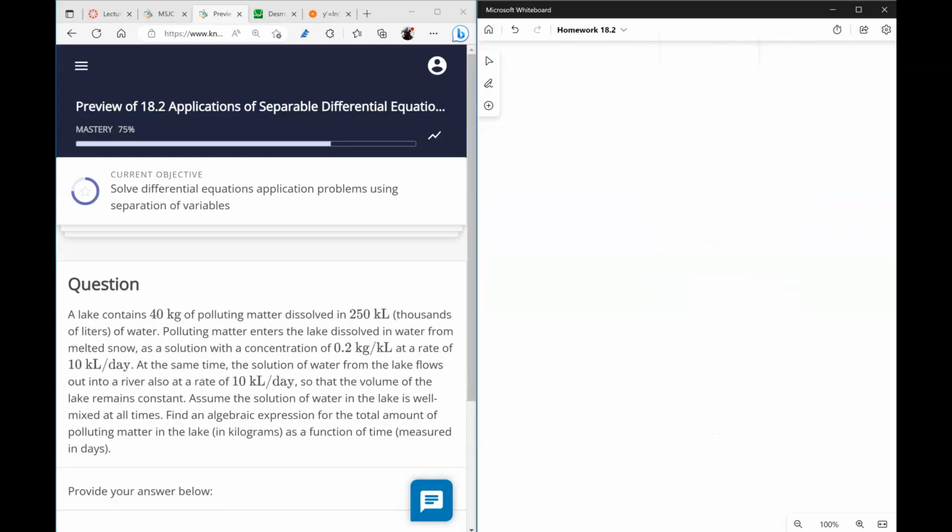Let's go to the next problem, number 4. Here we have a mixing problem, and when you're doing mixing problems, it's important for you to draw a diagram. So here we have some reservoir of water, and for this problem, whatever we dissolve in the water, we define that to be our function.